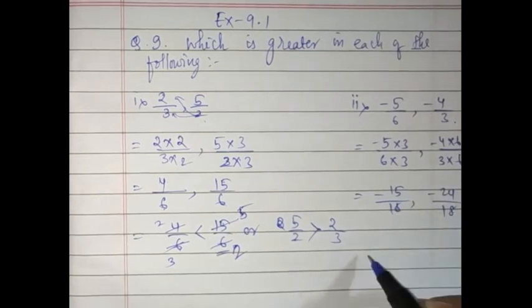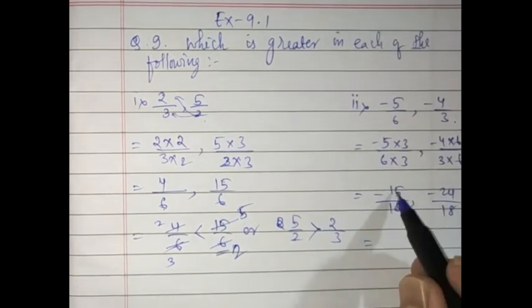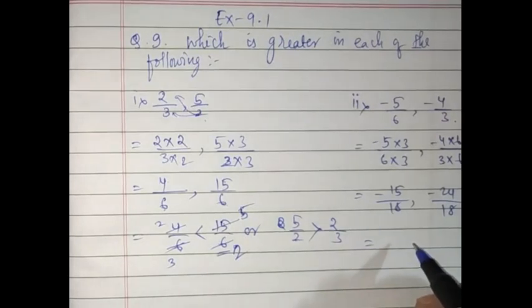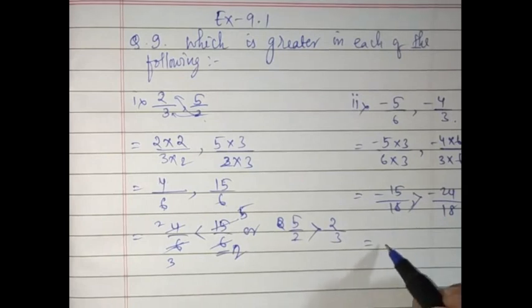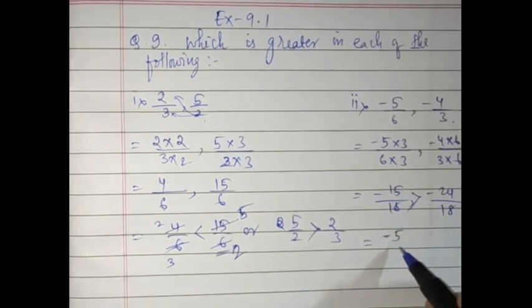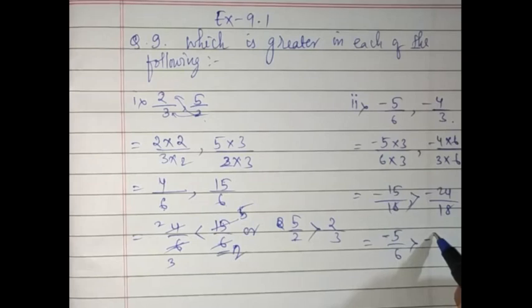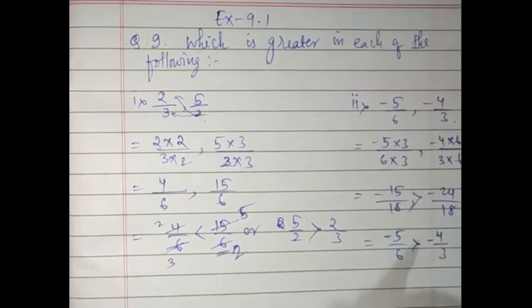So now denominators are equal. Which one is greater? Of course minus 15 is far greater than minus 24. So we can write like this, and we can also write minus 5 by 6 is greater than minus 4 by 3.